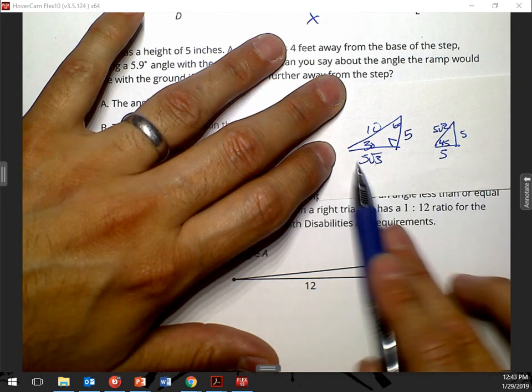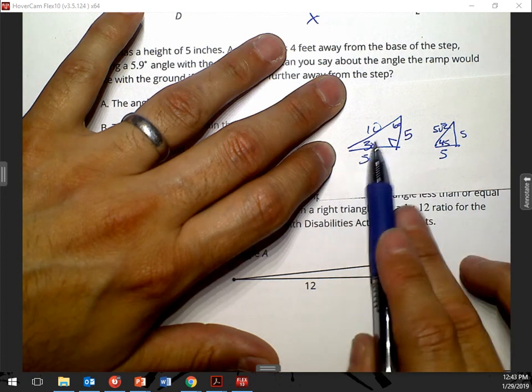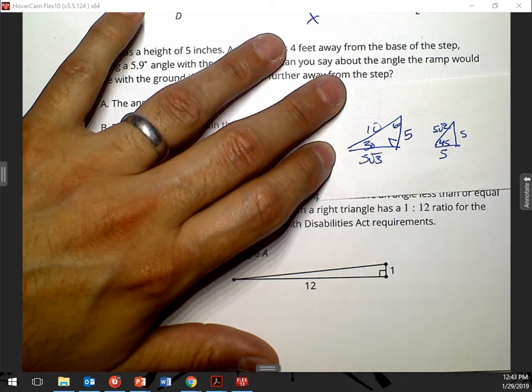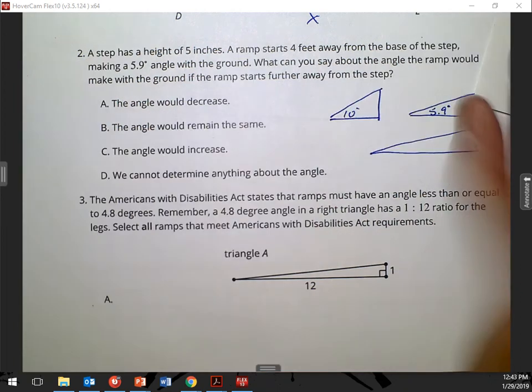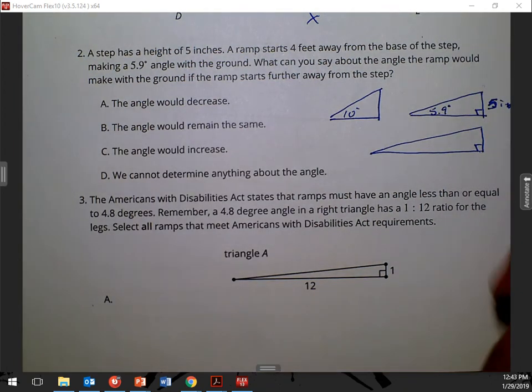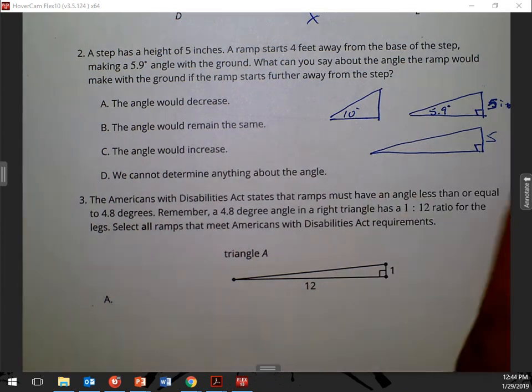So this is actually going up more. So as I decrease the angle right here, what's happening to the side? Getting bigger.